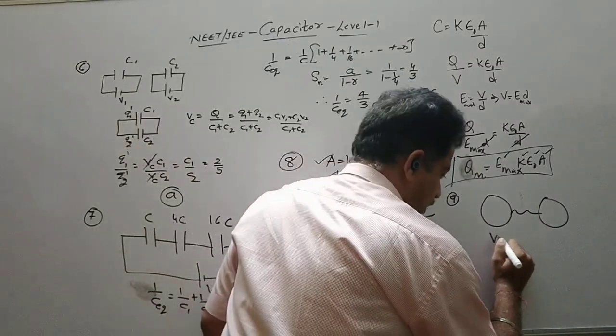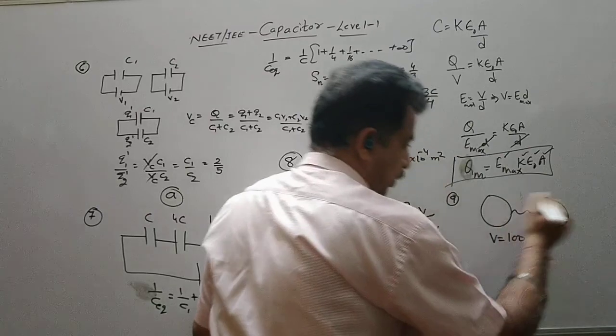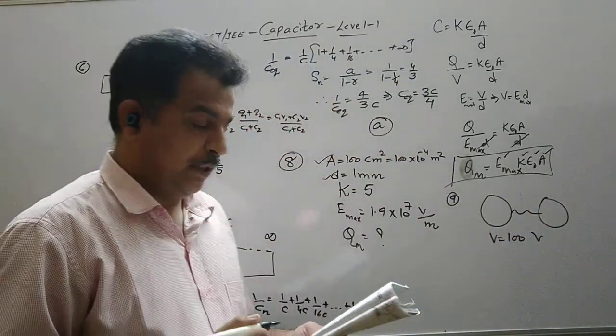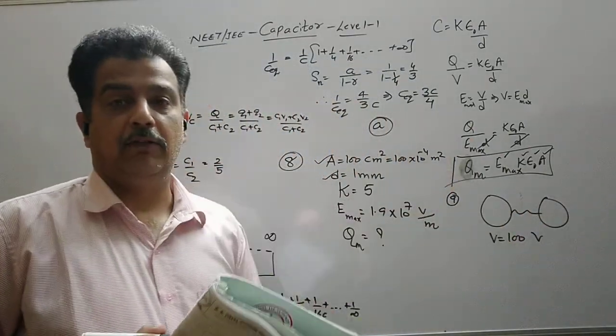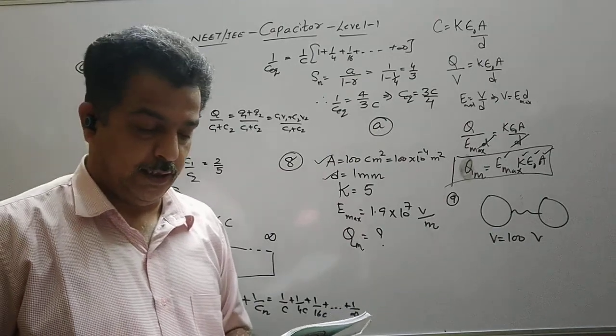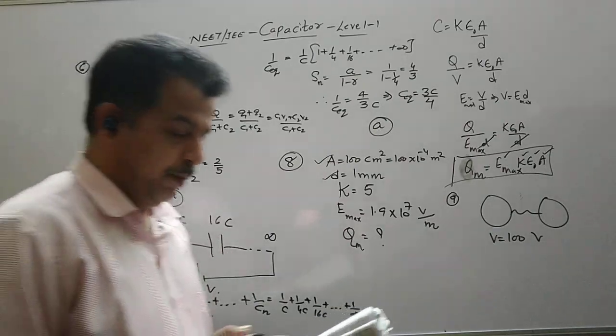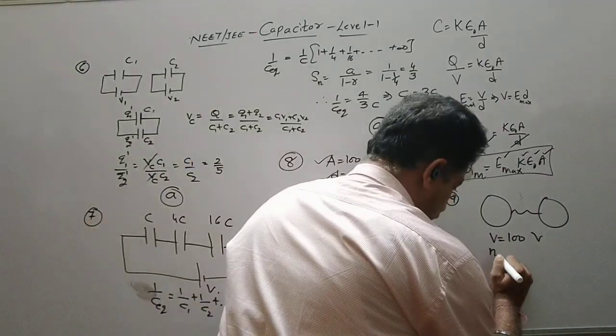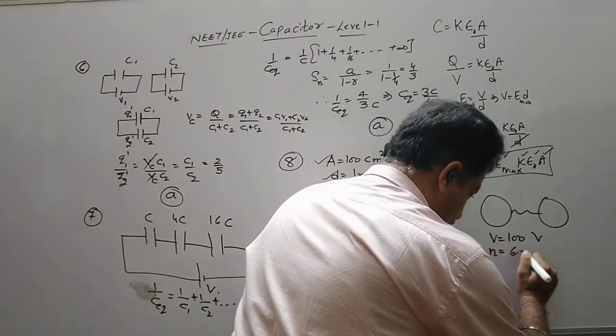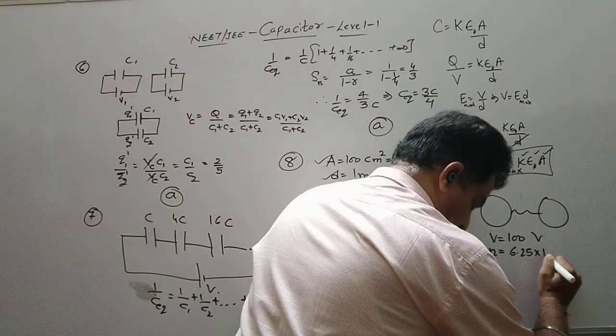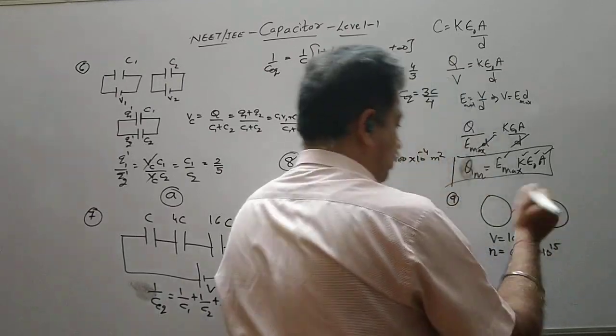So the potential is 100 volt between these two, because as soon as you connect a wire, there will be a potential difference. And the number of electrons transferred is 6.25 into 10 raised to 15.